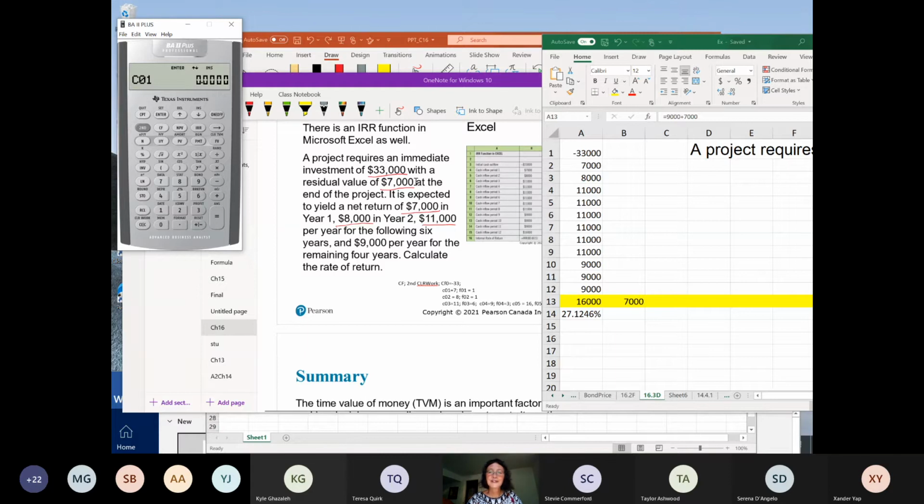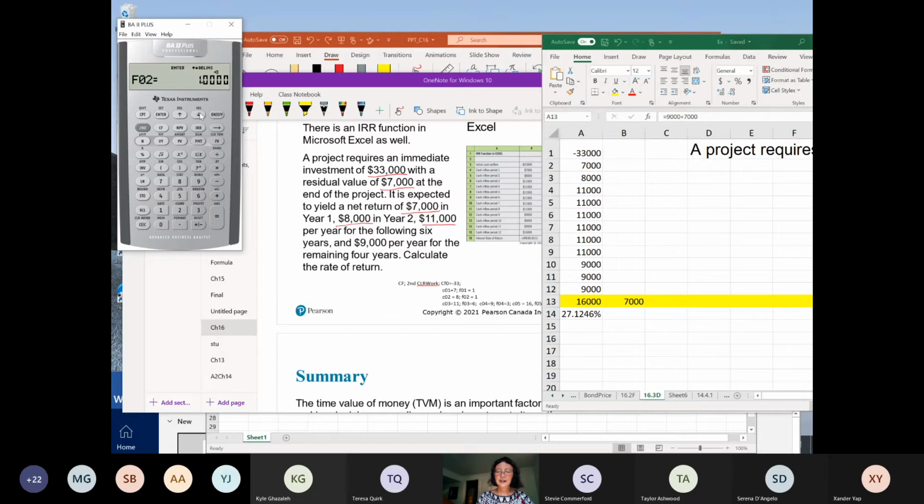Okay, so the next cash flow is 7,000, enter, down arrow key. This 7,000 happened once, so frequency is 1, down arrow key. Next cash flow, 8,000, enter, down arrow key.